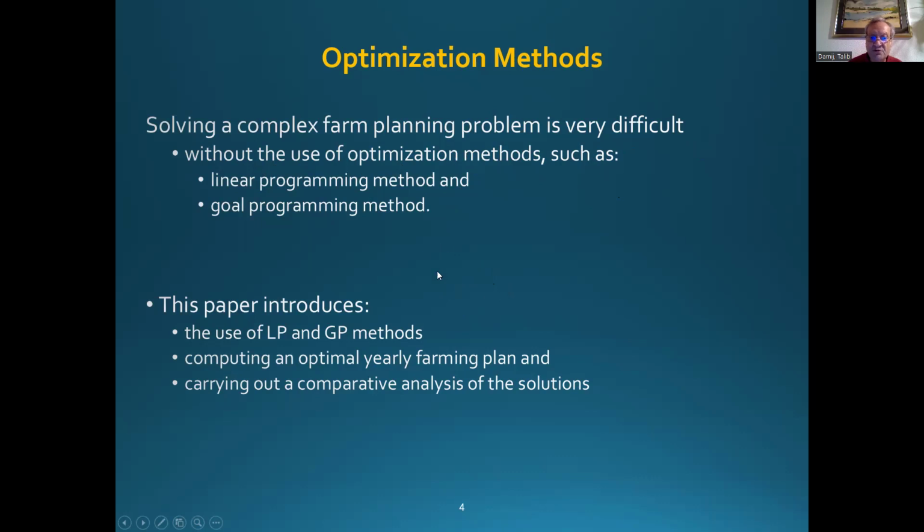We developed 2 models and computed them using the simplex approach of Excel Solver. We got 2 solutions, and at the end of the paper, we made a comparison between these 2 solutions.